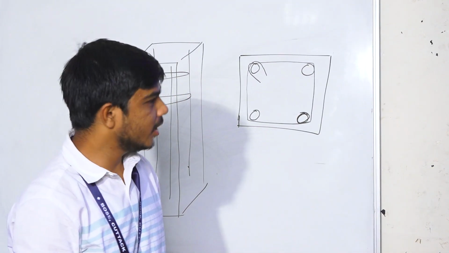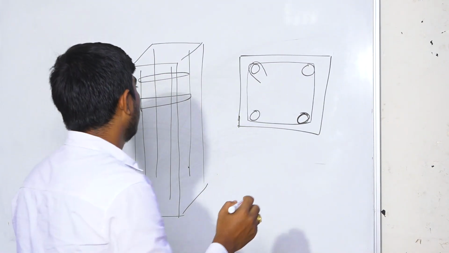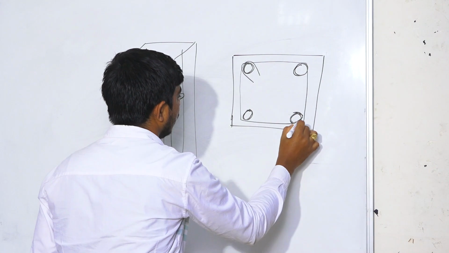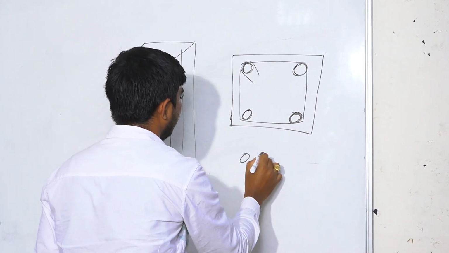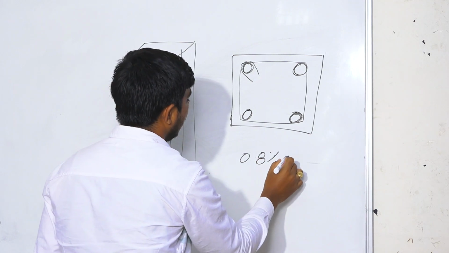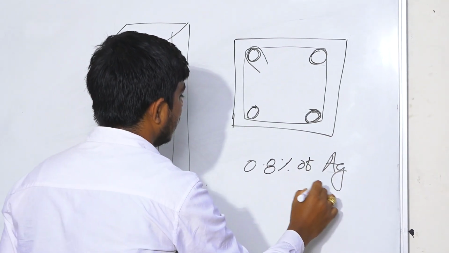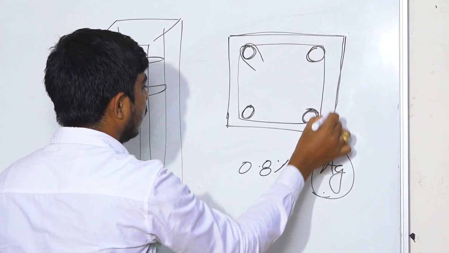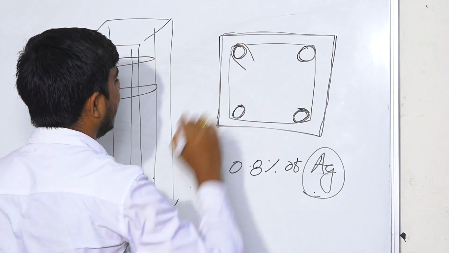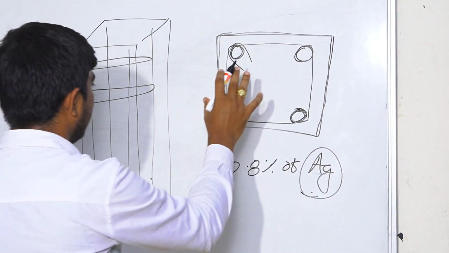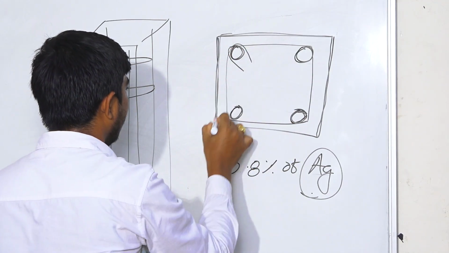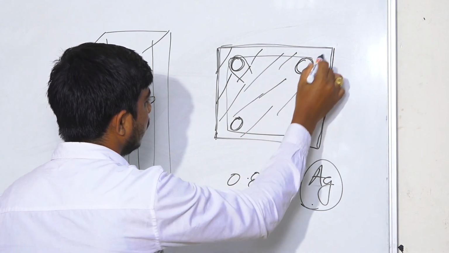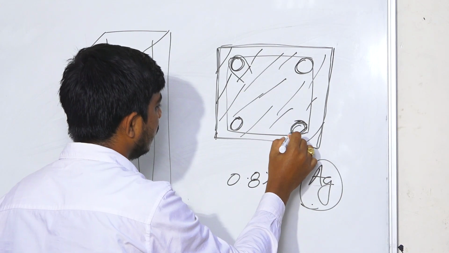So we see the minimum cross sectional area of steel. What should be the minimum cross sectional area of this longitudinal reinforcement? So this should be 0.8% of Ag. What does Ag mean? Here Ag means gross sectional area, that is the whole area which makes the column. We can see that in this whole area there is this much amount of concrete, and this much amount of steel.